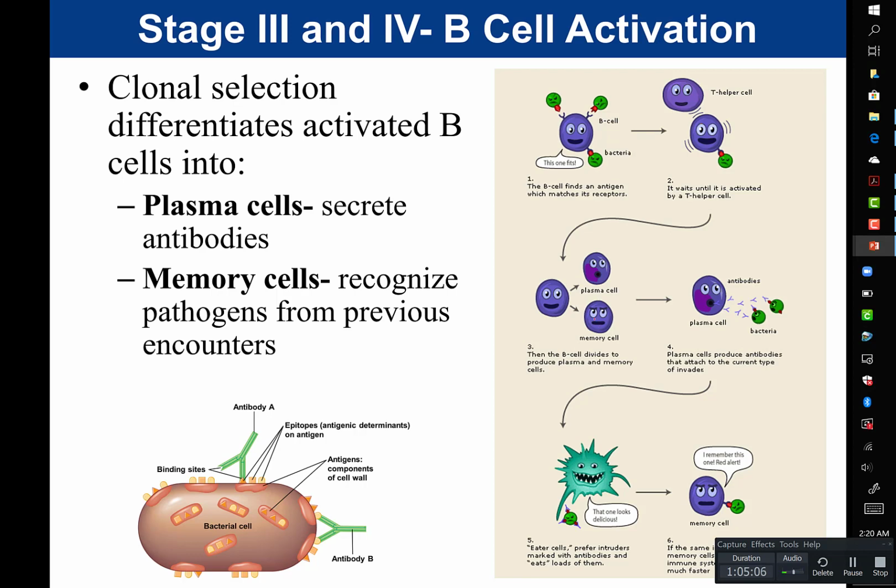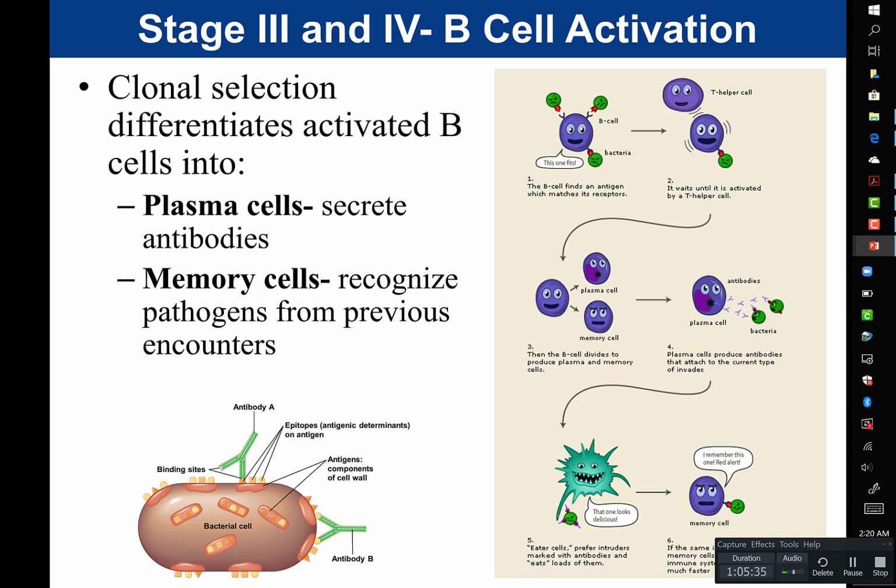And so it's going to differentiate into two types: plasma cells, which are going to secrete antibodies, and memory B cells, which remember the pathogen. And so when the pathogen is targeted by the antibodies, for example, that is going to stimulate phagocytes to destroy that pathogen.